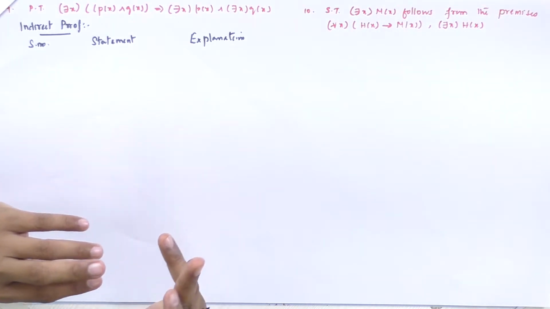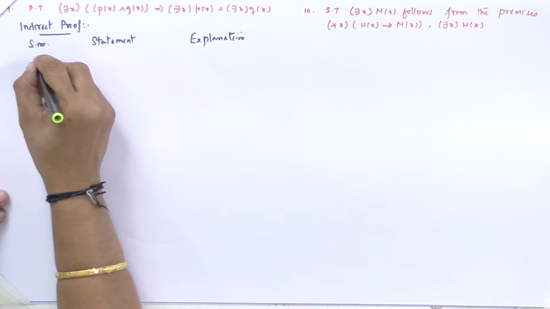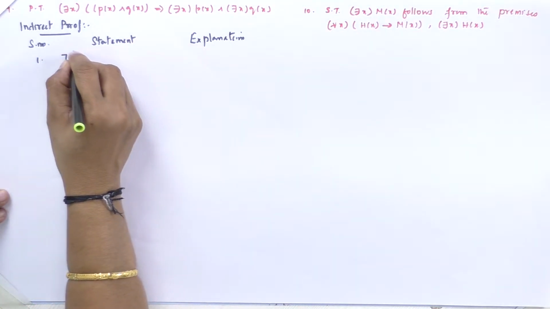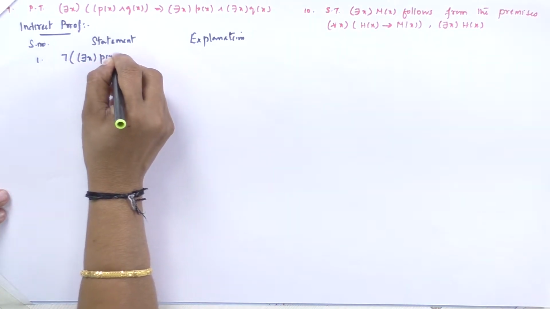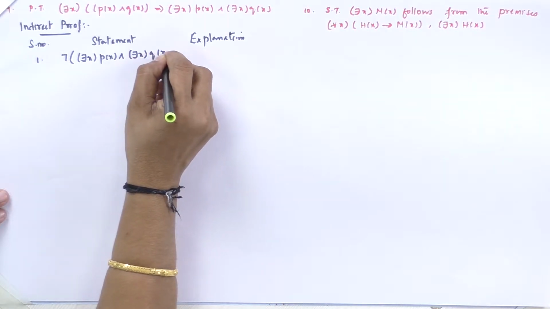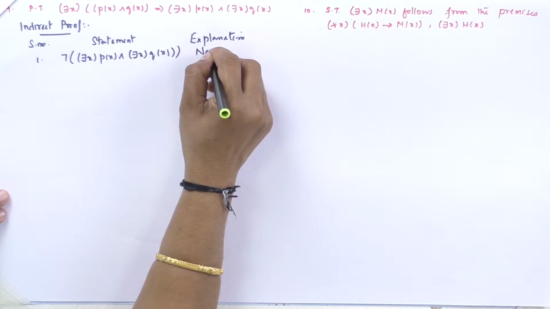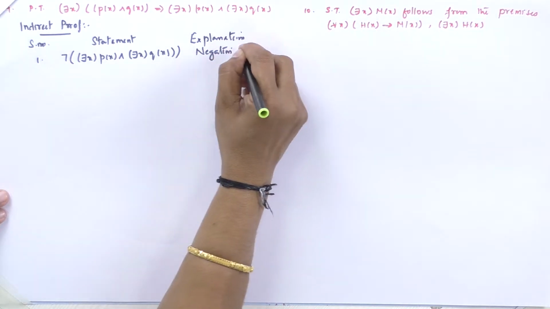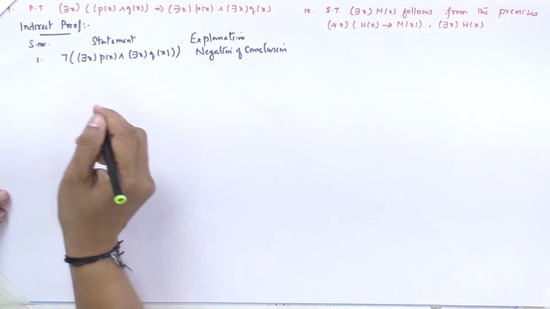Negation of the conclusion should be the first and foremost part in the indirect proof. So now I will take negation of there exists x P of x and there exists x Q of x. That is negation of conclusion.